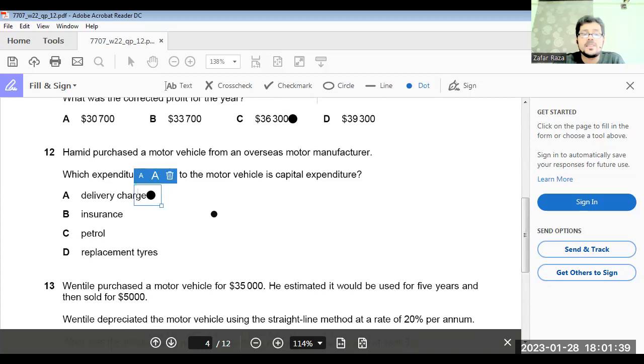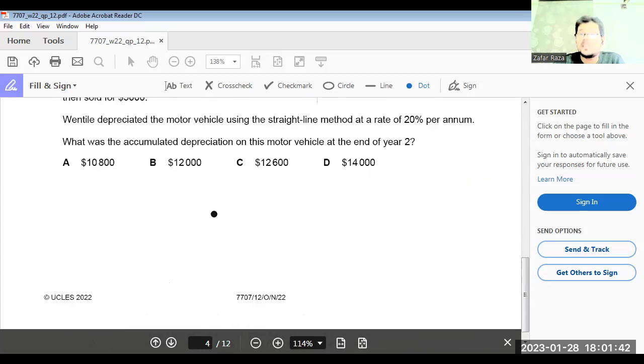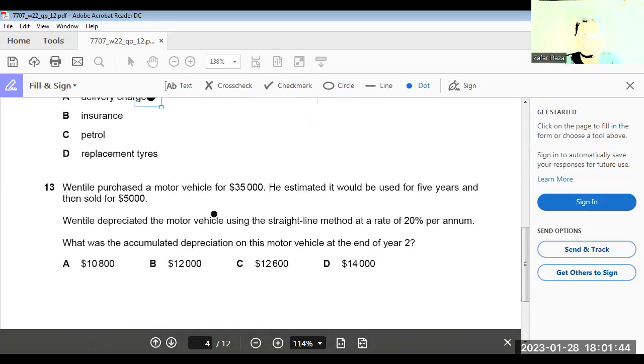Okay. When Tile purchased a motor vehicle for 35,000, he estimated it would be used for 5 years and sold for 5,000. Now, this is the data given for the straight line method of depreciation. We have to calculate accumulated depreciation at the end of year 2, not the book value.